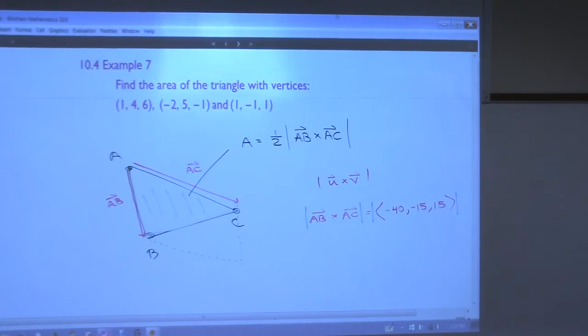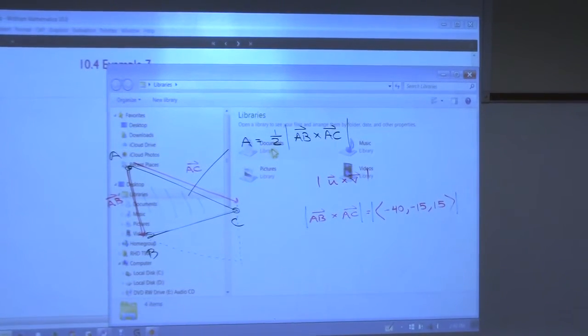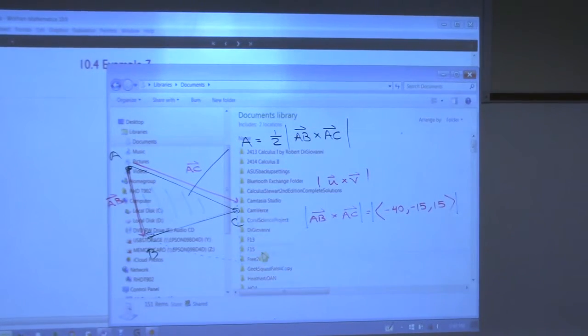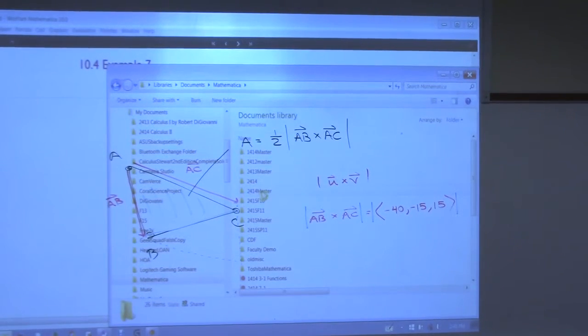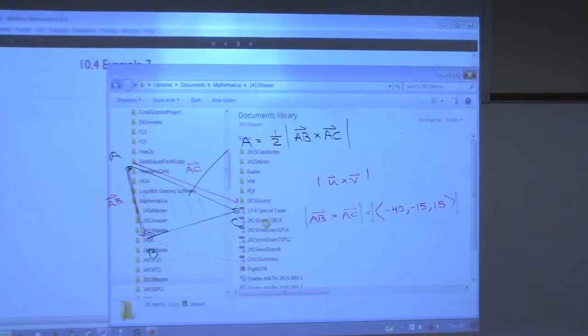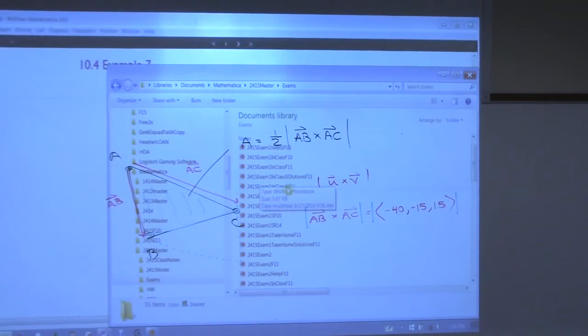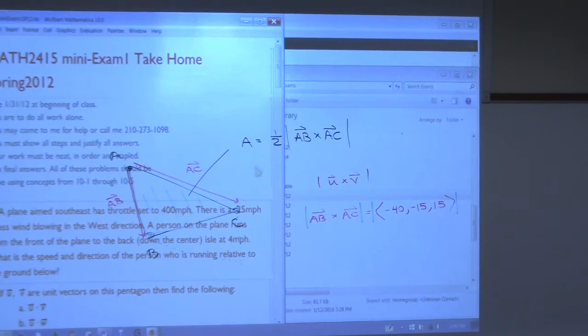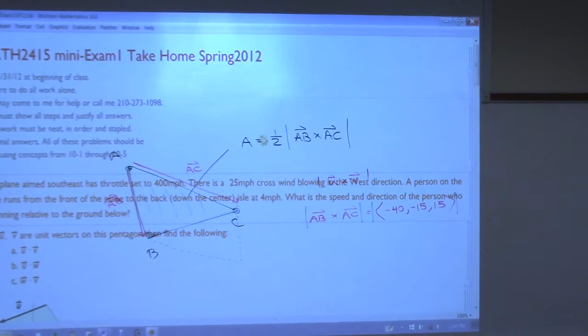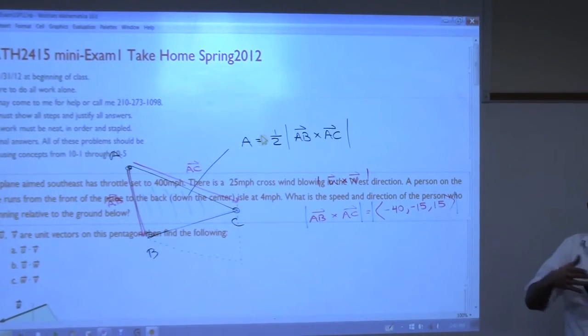Now, I don't know if y'all have been looking at your take-home exam at all. Have you all been looking at those? Let's just look at, I know we're out of time, but let's see what I would say you can handle at this point. Now, on the first day I handed these out and I didn't have copies for everyone.